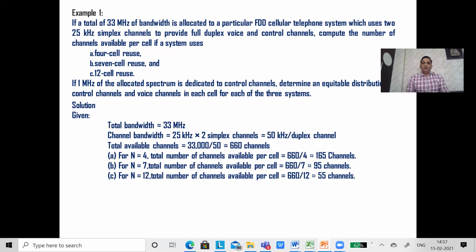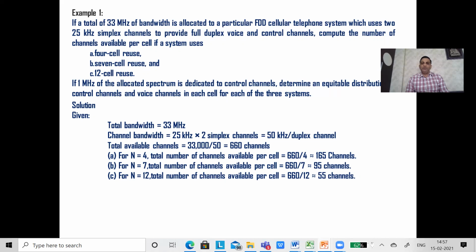Very first thing, as we are aware of the FDD cellular telephone system, the given specifications in the example are: total bandwidth is mentioned as 33 megahertz.